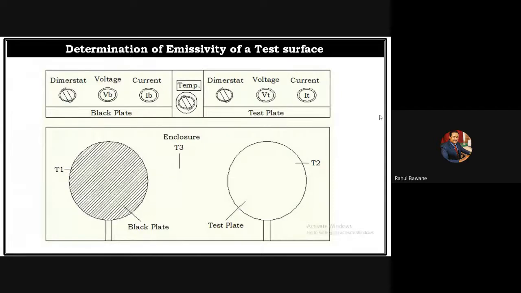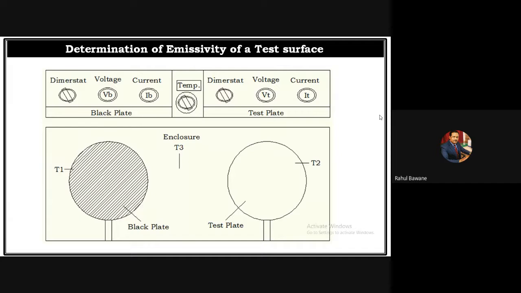Now this is a schematic of the actual arrangement of our equipment. There are two plates of identical size, thickness and material. Both plates have the same diameter, the same material, the same thickness and the same heater.